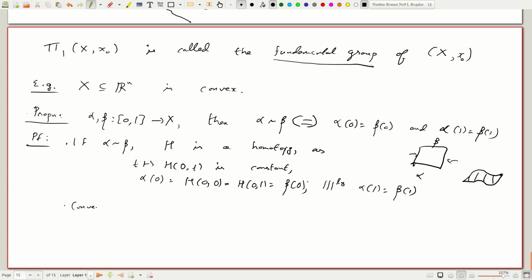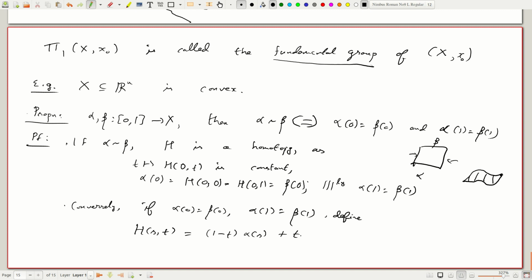So conversely, if alpha of 0 is beta of 0 and alpha of 1 is beta of 1, you define H of S comma T by taking the appropriate linear combination: 1 minus T times alpha of S plus T times beta of S. So when T is 0, this is alpha of S. When T is 1, this is beta of S.